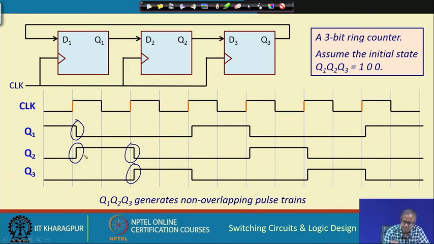So, this gap actually indicates that delay. When you draw a timing diagram like this, the delay should also be specified, because the flip flops are not ideal. Whenever you change a clock, the outputs do not change immediately, there is a small delay after which the outputs change. So, this is how a ring counter works.